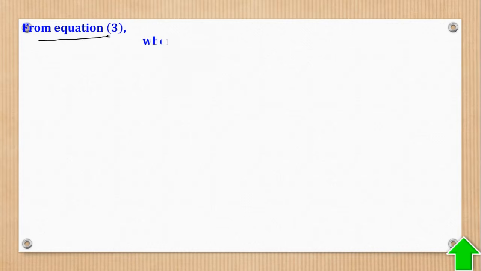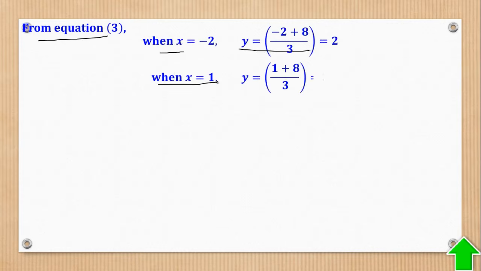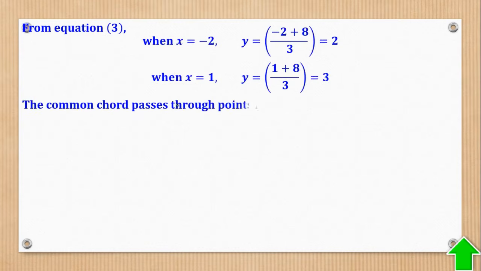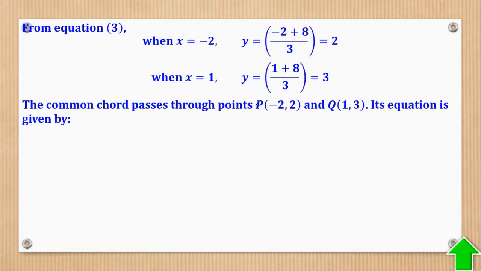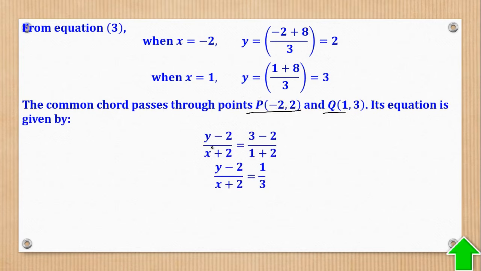Now from equation 3, when x is negative 2, y will be 2, and when x is positive 1, y will be 3. Therefore, the common chord passes through the 2 points, this and this. And this equation is given by that. So cross multiply, open brackets, and this will be the equation of the common chord.